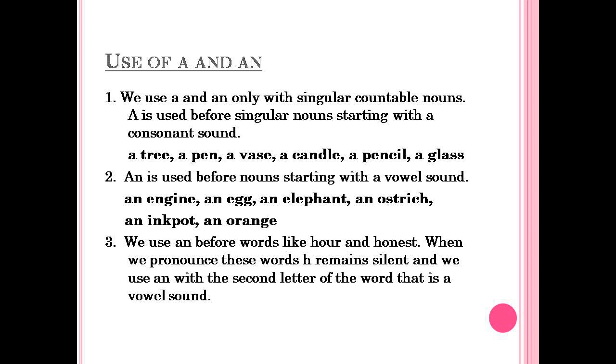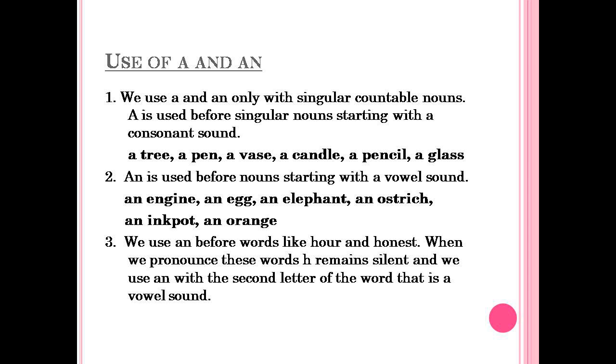When we can count them, they are singular nouns, right? So we use a or an before them. And please mind that we are not using them for any particular noun, but any one singular noun. So a or an is used before them, but a is used when a noun is beginning with a consonant sound.